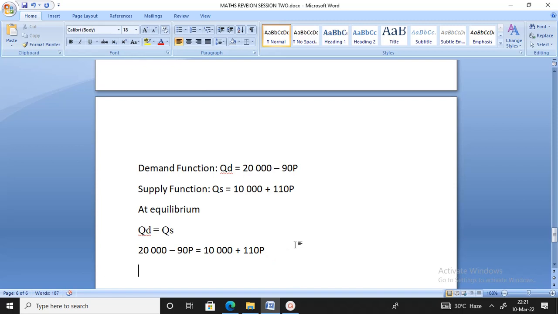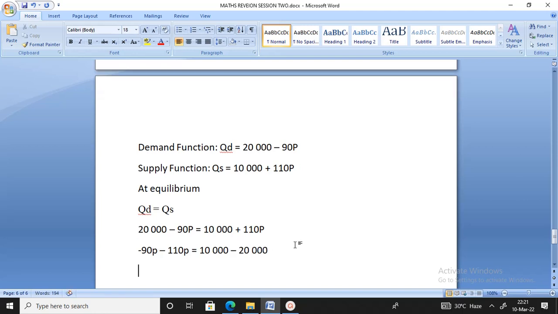Collect like terms: you have a negative 90p. Shift the other 110p; when it crosses the equal sign, it becomes a negative 110p. That is equal to 10,000, that's what we have on the right side. Then 20,000, when it crosses the equal sign, it becomes a negative 20,000.